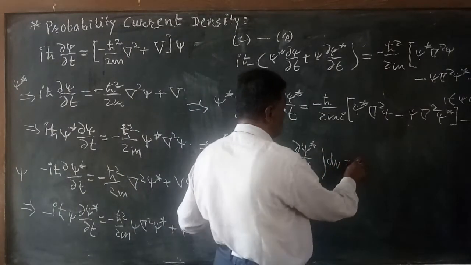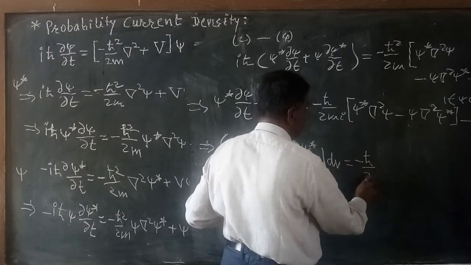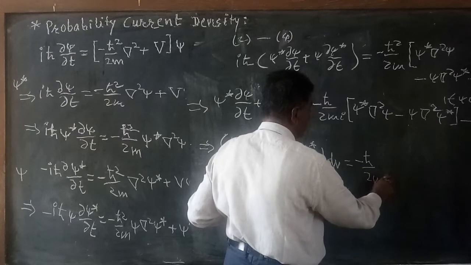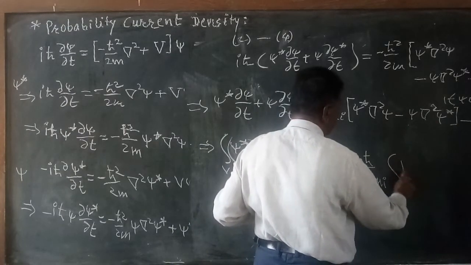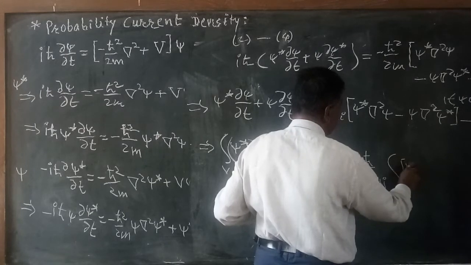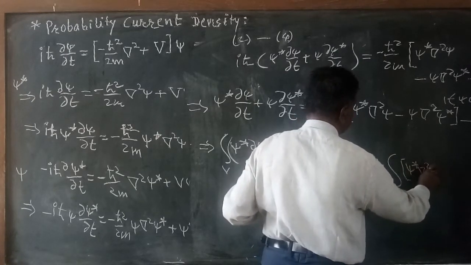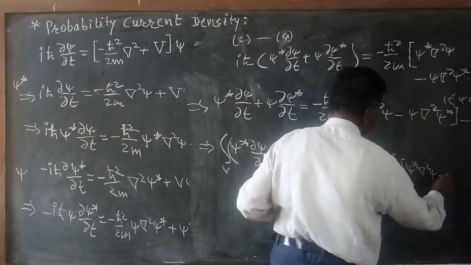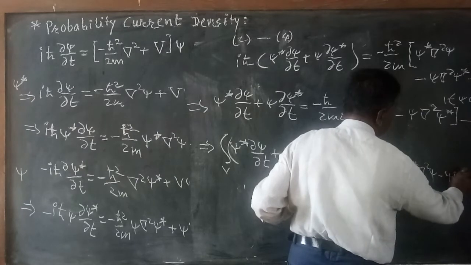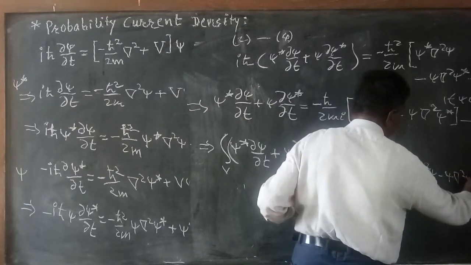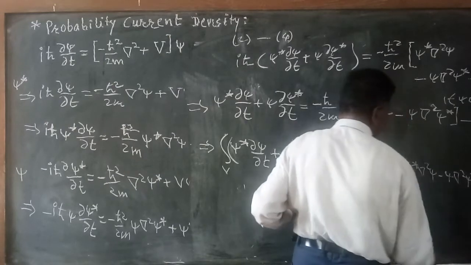This will be equal to minus ħ divided by 2mi, as it is a constant term, integral over all space, that is ∫ dV of the bracket ψ* ∇²ψ minus ψ ∇²ψ*, this bracket complete with respect to dV.